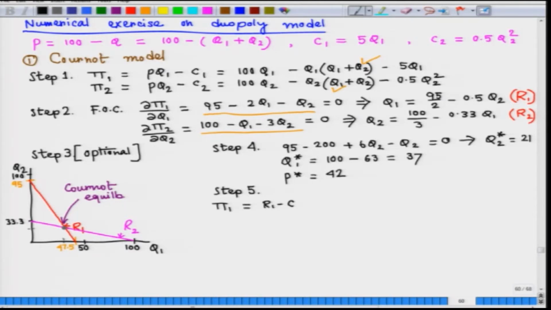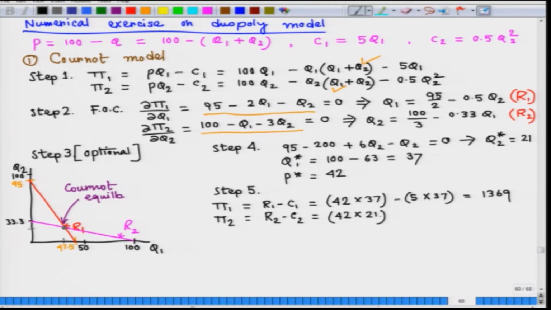So, we have R1 minus C1, and if I plug the values of price and quantities in proper places, then I get some number, and similarly for pi 2 I get revenue minus cost, and again if I write down the proper numbers in proper places, then I get this expression, and if I compute I get a number approximately this.